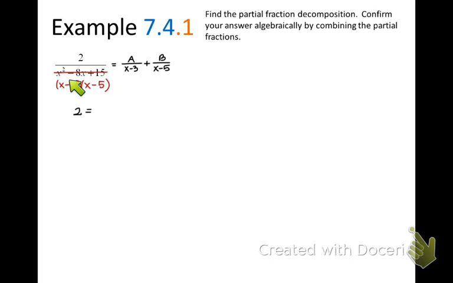If I multiply this whole denominator by this fraction, what do I lose? X minus 3, right? But I'm left with A on top, and I'm still left with an x minus 5, because that did not cancel. Do we all see what I'm doing here? What's my last bit then? B times x minus 3 is the part that didn't cancel there, right?